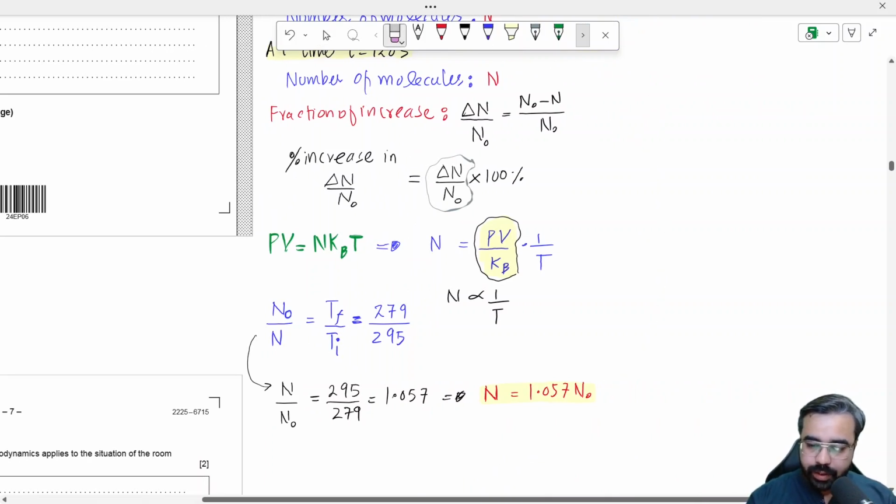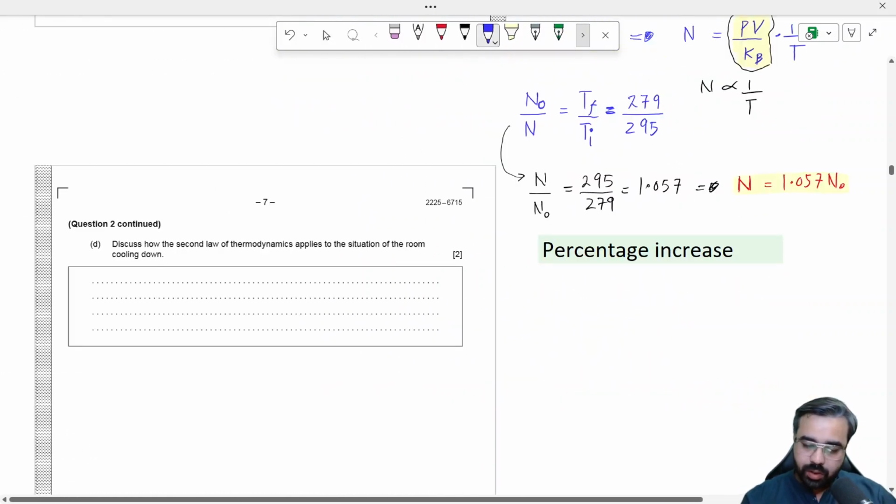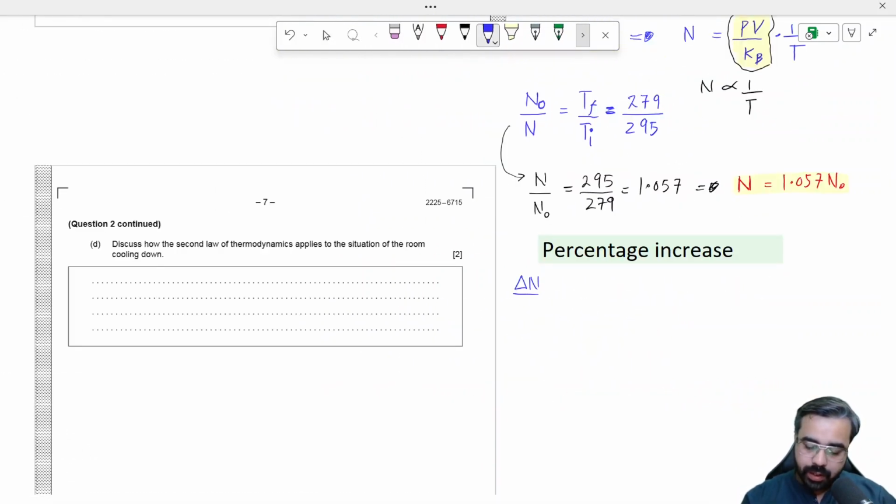Okay. So finally, the percentage increase is delta n over n0 multiplied by 100%, which is finally equal to n0 minus n, right? And n is 1.057 n0, divided by n0, multiplied by 100%.